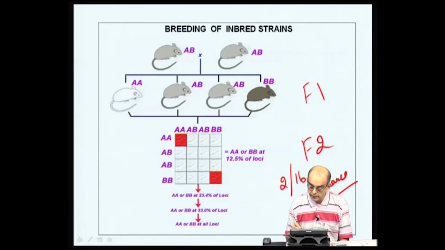So, it was 2 out of 16, and when you have fractions, you designate the total as 1. So, you had 1/8 and the rest being 7/8.